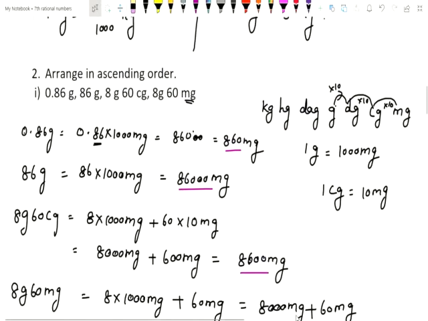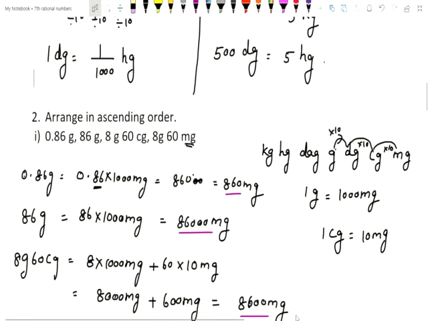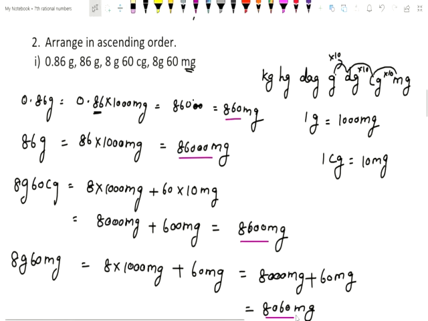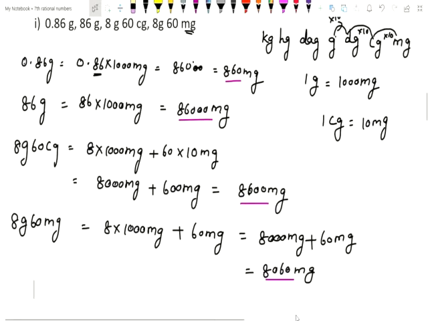In this, which order did they ask here? Ascending order. Ascending order means small to big we need to arrange. In this, which is the smallest one? 860 milligram.